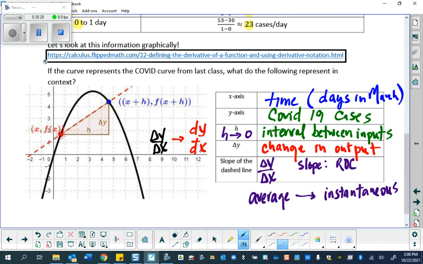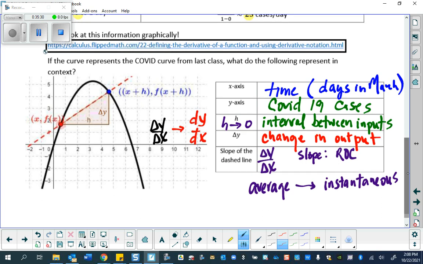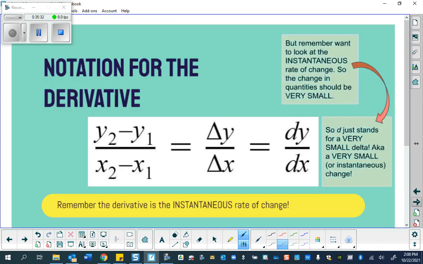Say yes. Okay. So here's the notation for the derivative: y2 minus y1, change in x, change in y, dy dx. The derivative is our instantaneous rate of change. But when we want to look at that instantaneous rate of change, we need this change in x to be extremely small. And that's how we go from average to an instant. Okay.